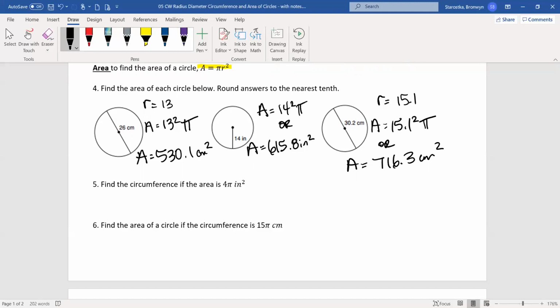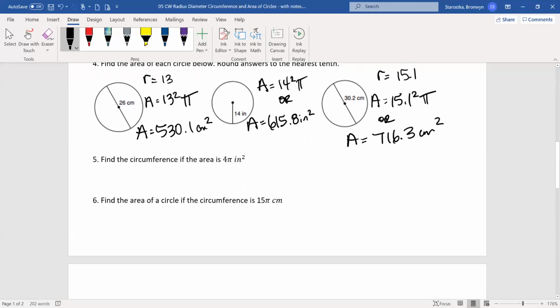So here we go. If given the circumference, can you find the area? And if given the area, can you find the circumference? All right, so we want to find the circumference. The area is 4 pi. Remember, area equals pi r squared. So we take the formula and the area we're given and we set them equal. Pi r squared equals 4 pi.